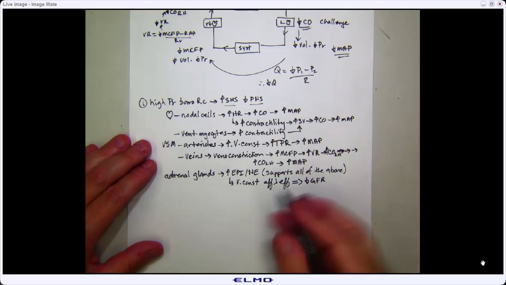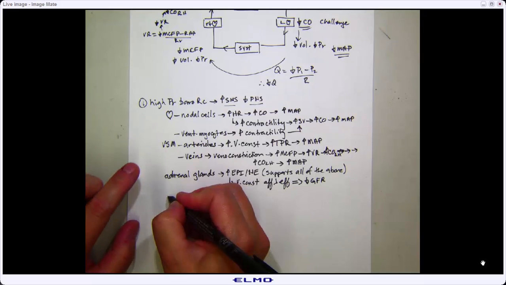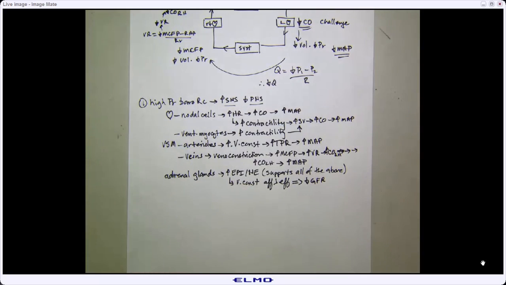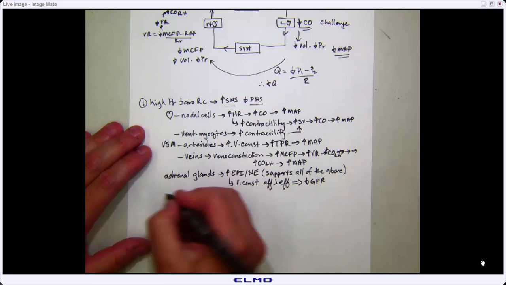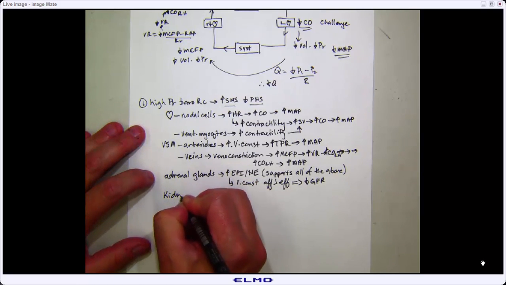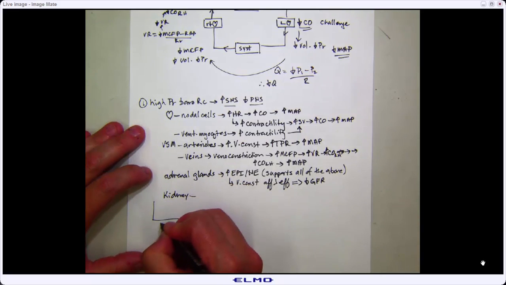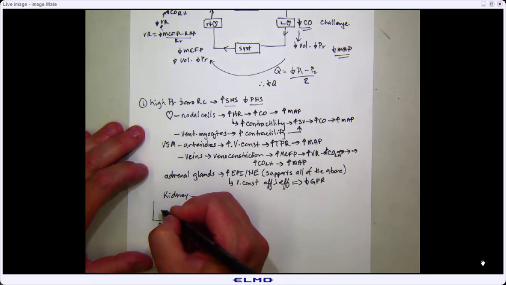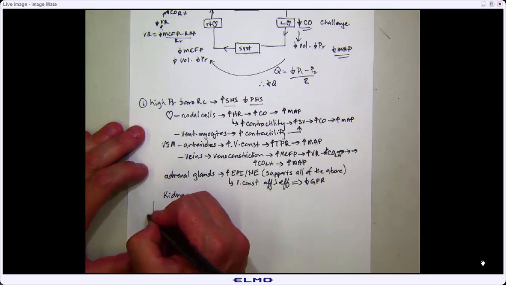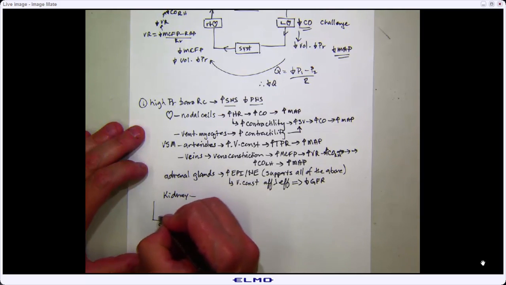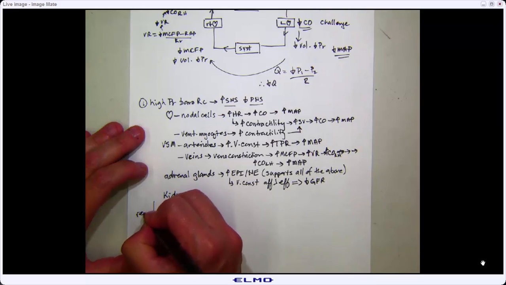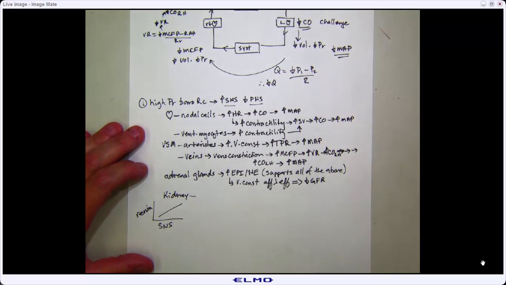Now, the last lecture, we did talk about direct SNS innervation into the arterioles of the kidney, the afferent arterioles. So let's think a little bit about the kidney. We did talk about SNS innervation and the release of renin from those renin-secreting cells.